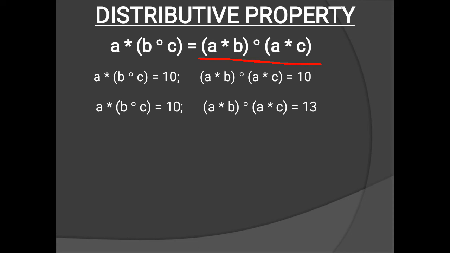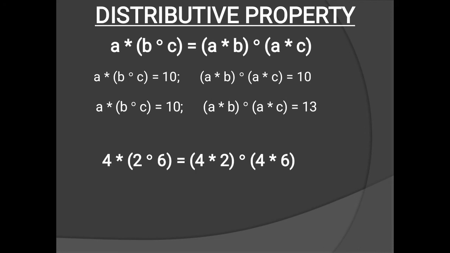When you are done, compare the two answers. If the two answers are the same, it is distributive. If they are not the same, it is not distributive. Because here the two answers are the same, distributive. Because here 13 and 10 are not the same, not distributive.